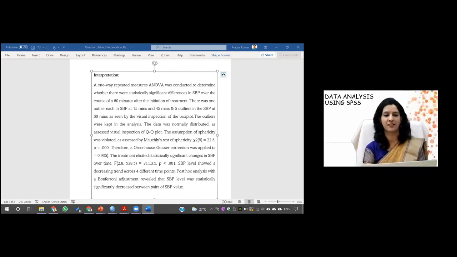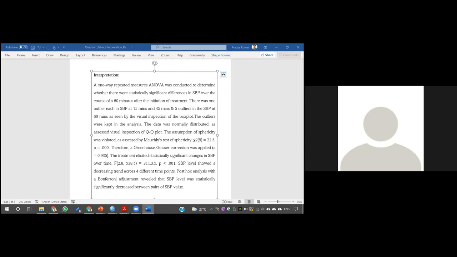One-way repeated measures ANOVA was conducted to determine whether there were statistically significant differences in systolic blood pressure over the course of 60 minutes after the initiation of the treatment. There was one outlier each in SBP at 15 minutes and 45 minutes, and 5 outliers in the SBP at 60 minutes, as seen by the visual inspection of the box plot.